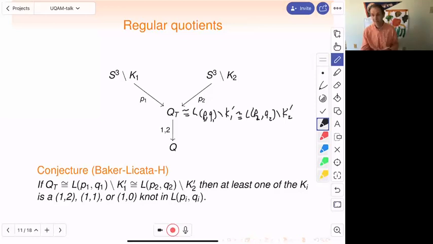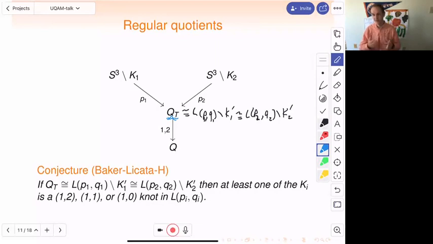Right, and in fact, there are examples of these knots in lens spaces with multiple lens space fillings where we can't see the Berge conjecture hold, that we do need these 1-2 knots.